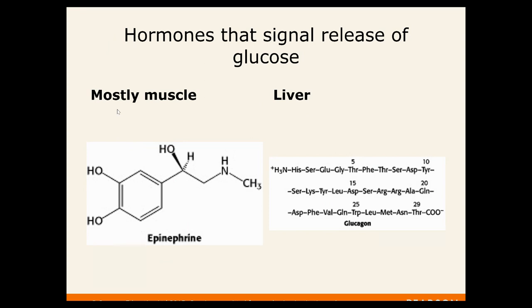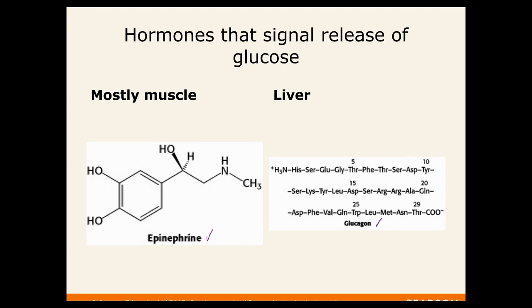The hormones that signal the release of glucose from a cell, these two are very important players for us in biochemistry and in this course. So the two hormones that I'll focus a lot on, and something we'll take with us to the next section, are epinephrine and glucagon.